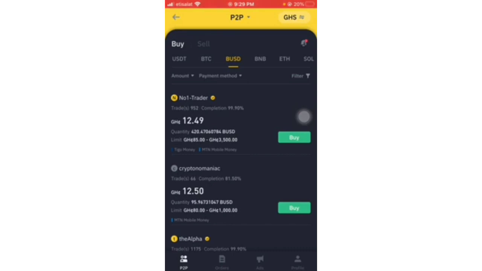Now assuming you are a buyer, let's say these are all the cryptocurrencies supported in P2P that you can actually sell for fiat currency. Now let's say I trade and I make profit. I traded spot trading or future trading, whatever, based on my analysis.